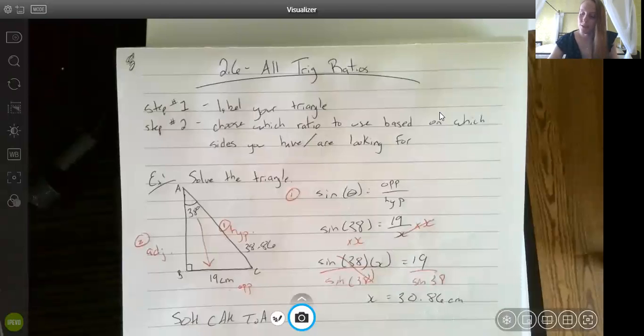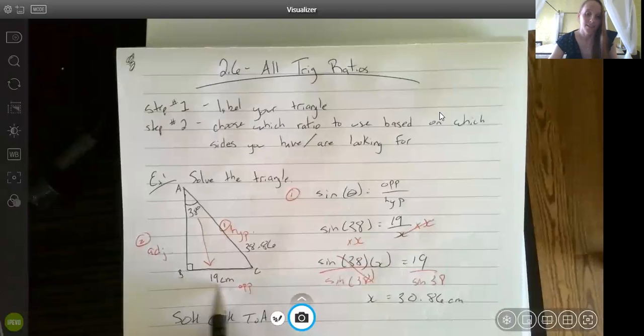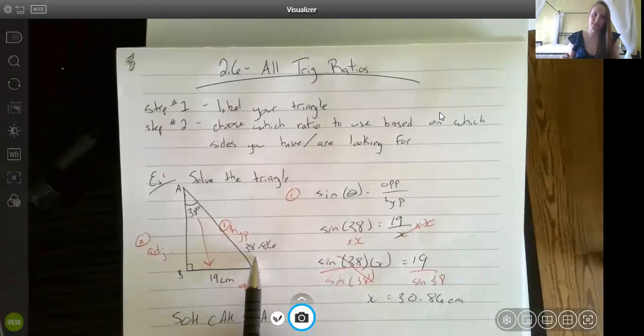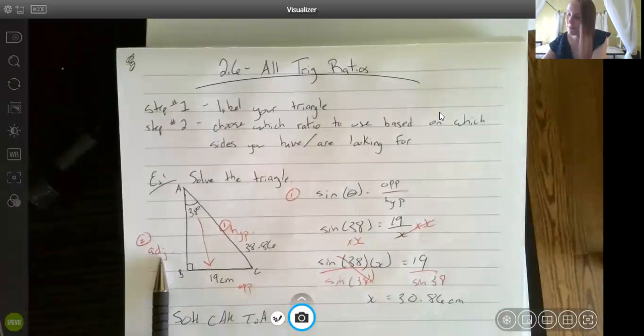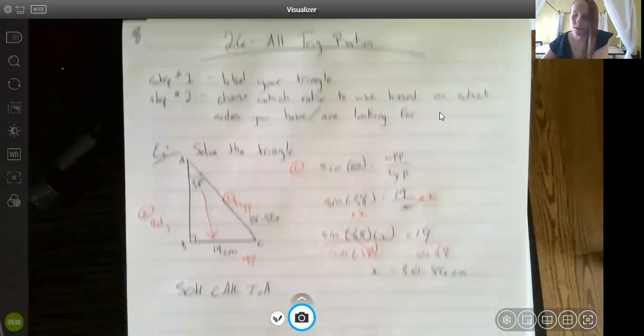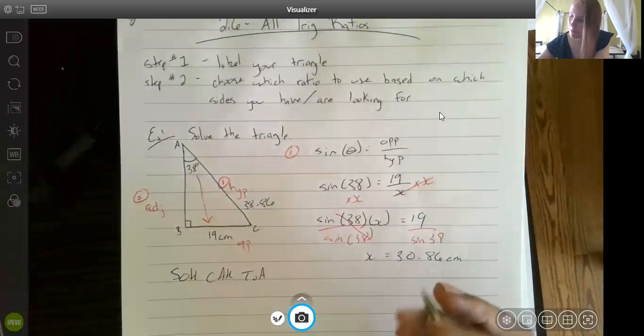I am going to use my opposite side still, even though I could use the hypotenuse. It's better to use a side that you were given than one that you solved for, if possible, just in case you solved your hypotenuse wrong, then you'll still get the adjacent side right. So that is going to be my next step.